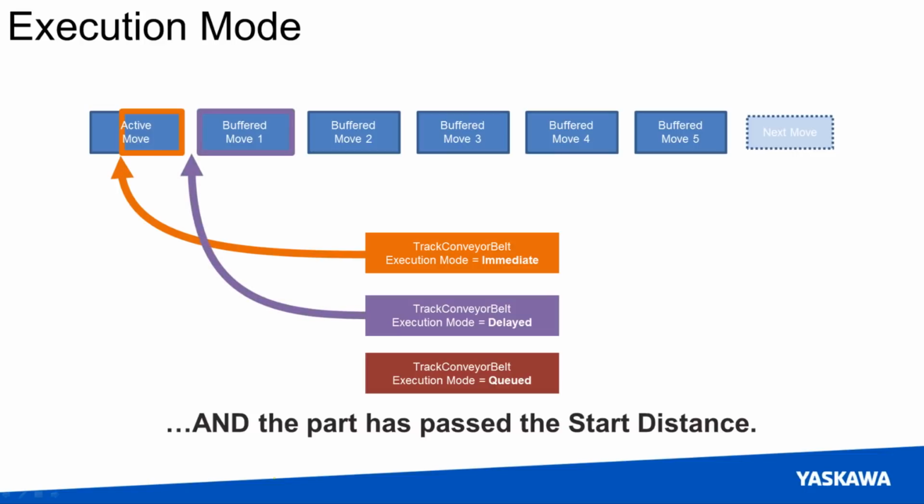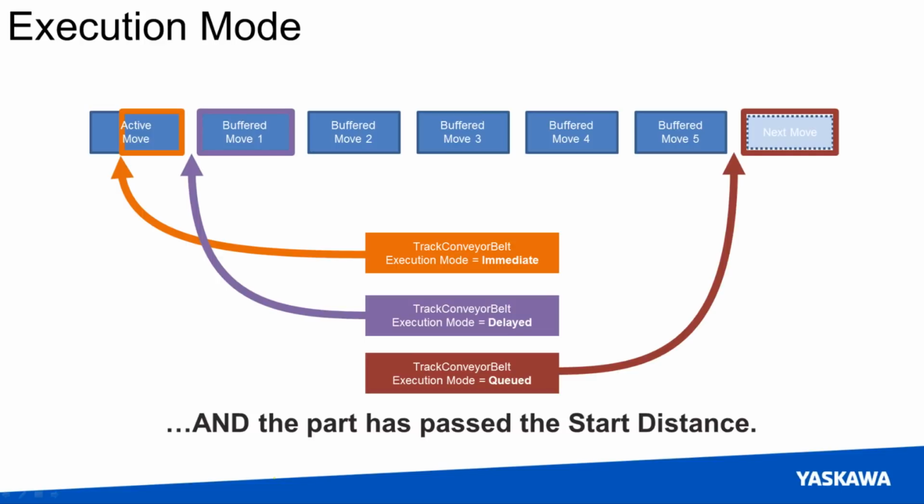Delayed will actually start as soon as the active move is finished. Then the MC Track Conveyor Belt superimposing will begin before the next buffered move is started. That's delayed. And the last is queued. What that means is it puts it at the end of the stack.